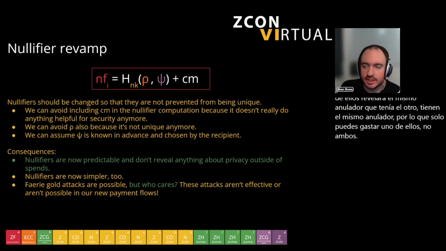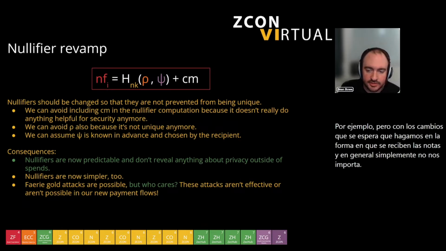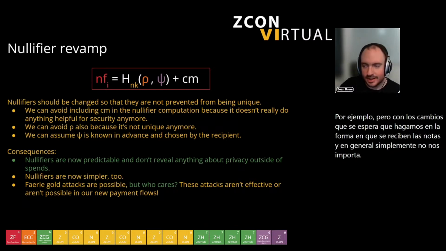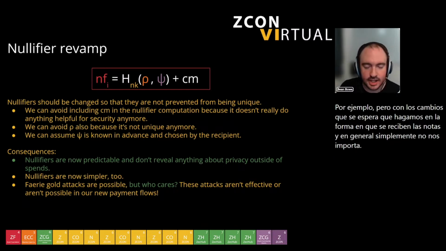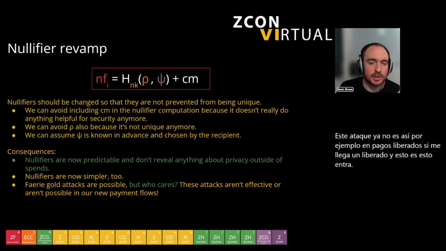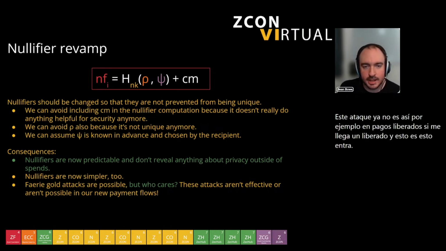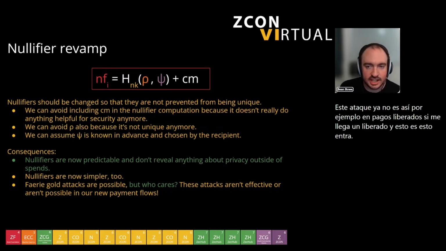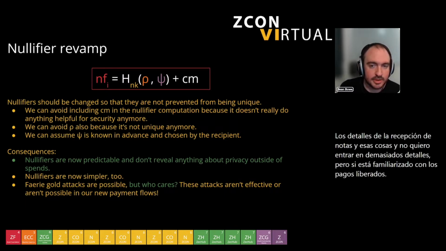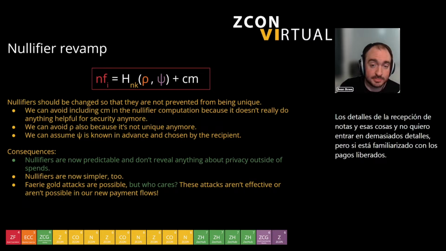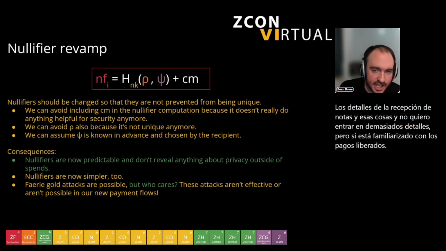For example, in liberated payments, and this gets into the details of receiving notes, and I don't want to go into too much detail: if you're familiar with liberated payments, the sender gives you an ephemeral key that you can use to claim the funds, or they could take the funds back, and the transaction's effectively canceled. So in that case, they can rug pull you anyway.